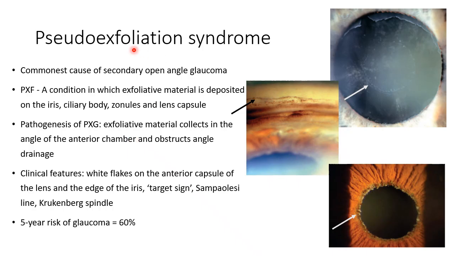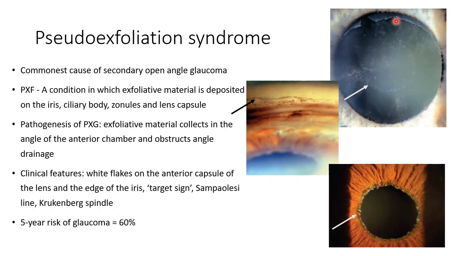It's enough for you. So pseudoexfoliation syndrome, the commonest cause of secondary open angle glaucoma. Now, pseudoexfoliation syndrome and glaucoma are two different things. So what is pseudoexfoliation syndrome, abbreviated as PXF? It's a condition in which exfoliative material is deposited on the iris, ciliary body, zonules, and lens capsule.